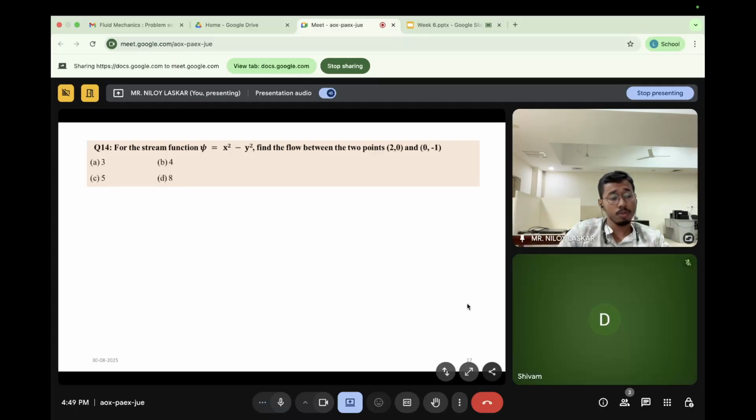Please let me know. So should I? So I think I have to solve this one. Okay, I am solving this one. So please have a look.